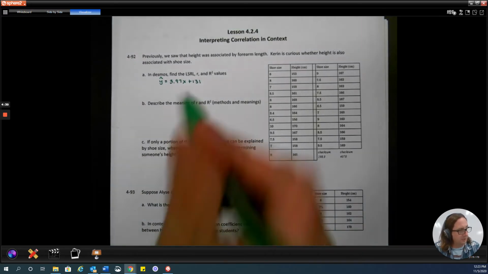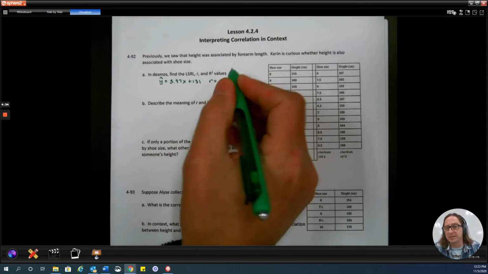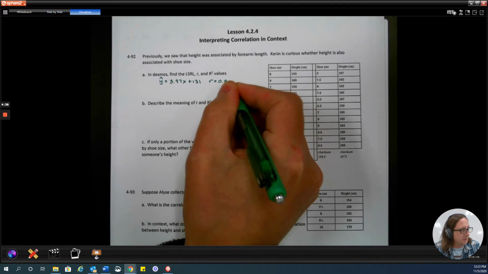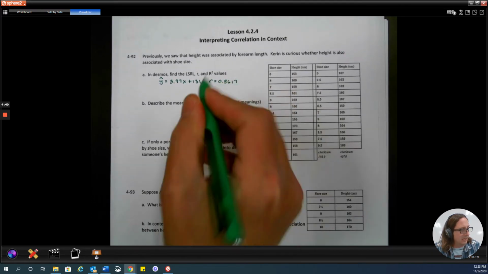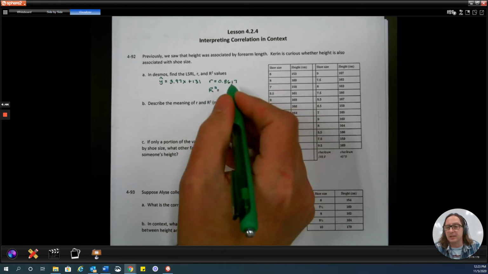Now our R value for this one was 0.8617, and our R squared value is 0.7424.